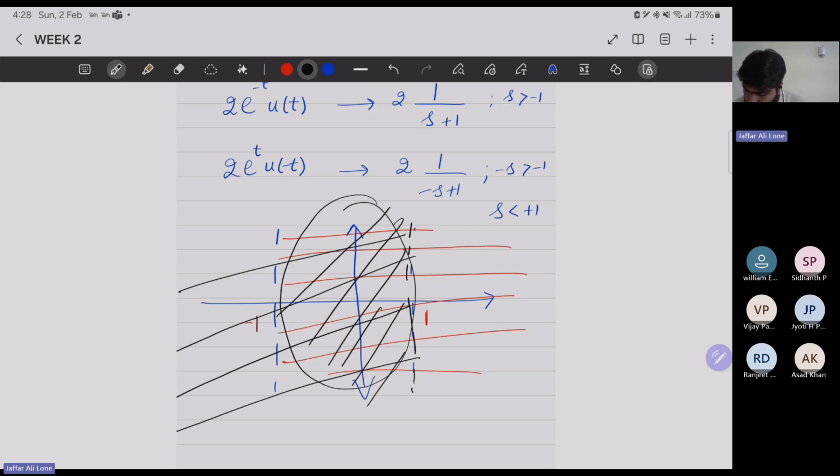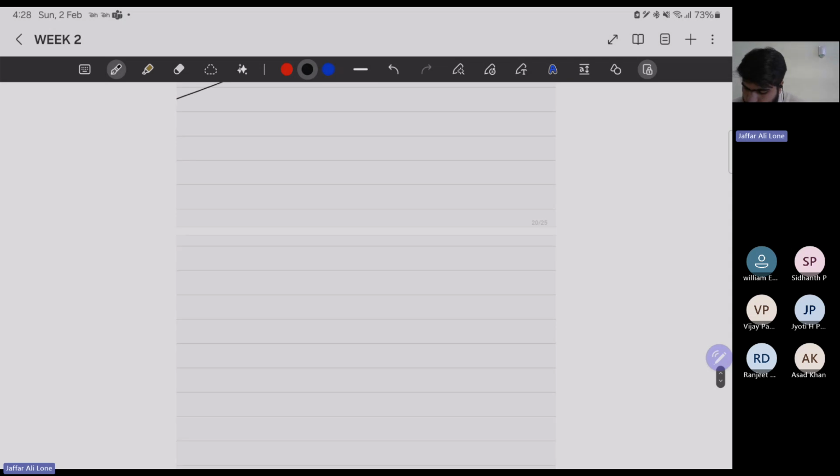This combined region, which is the intersection, is the ROC of the combined signal. Now, what if there was no intersection? Then we can say the Laplace transform for this signal does not exist, because as I said earlier, the Laplace transform is an integral and it has to have a finite value. So if there is no common region, then the Laplace transform does not exist.